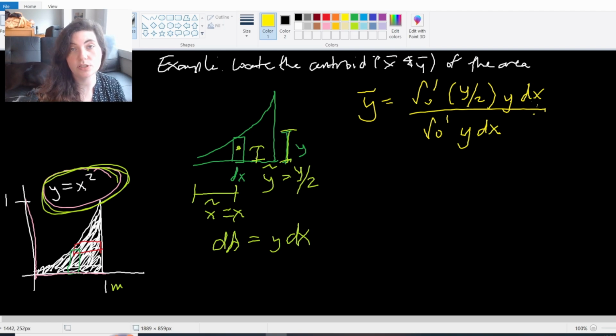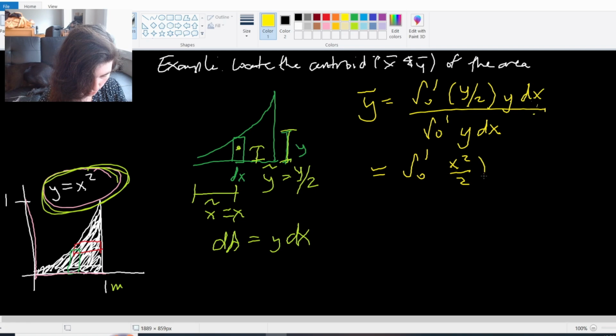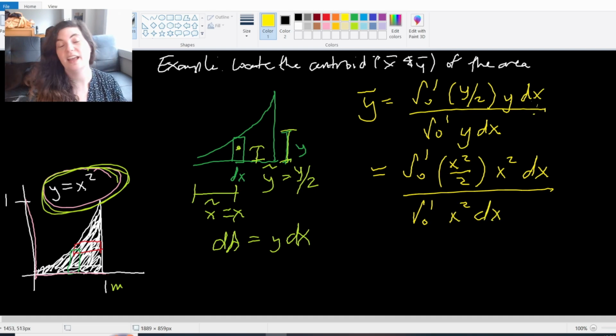Again, a very simple substitution. y equals x squared. So from 0 to 1 of x squared over 2 times x squared dx. Just making that substitution. Again, really clean integrals, right?